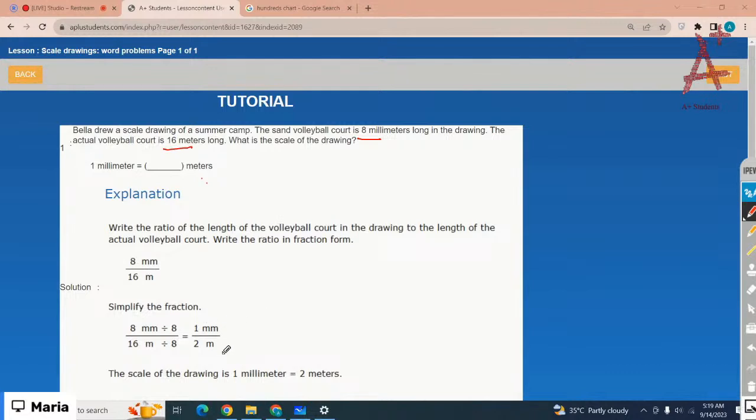It would be 1 millimeter divided by 2 meter. That means the scale of the drawing is 1 millimeter equals 2 meter, right? So 1 millimeter equal 2 meter. What you have to do, you just have to form a proportion between the scaled value and the original value, right? The actual value.